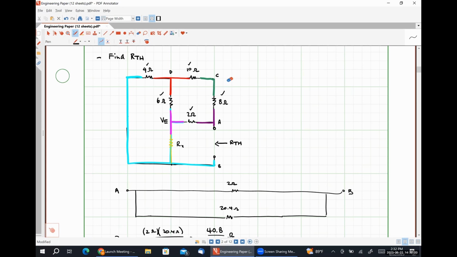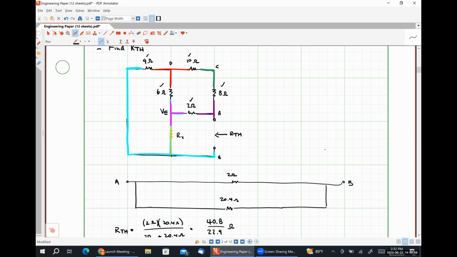To find the Thevenin equivalent resistance with respect to a particular element, once again, you take that element out, leaving behind an open circuit set of terminals. You turn off all of your independent voltage sources and current sources, and then you find the equivalent resistance seen between those two terminals. Two separate steps, two separate circuits to analyze. Any other questions?